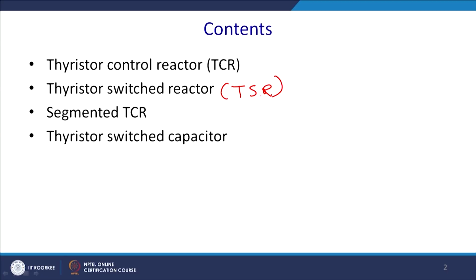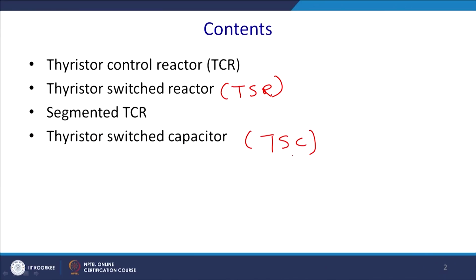There is another version of it, called the segmented TSR, and also we have the Thyristor Switched Capacitor, or TSC. We shall see the principle of operation and the topologies in the next few minutes.